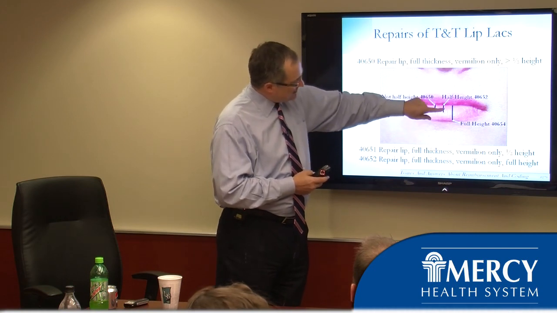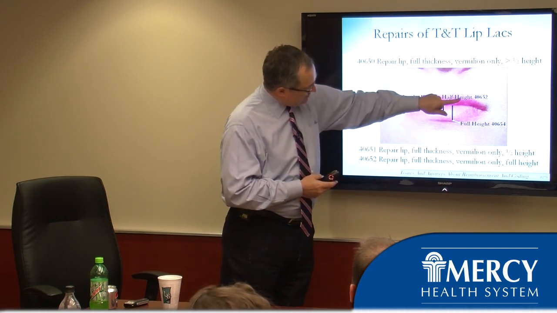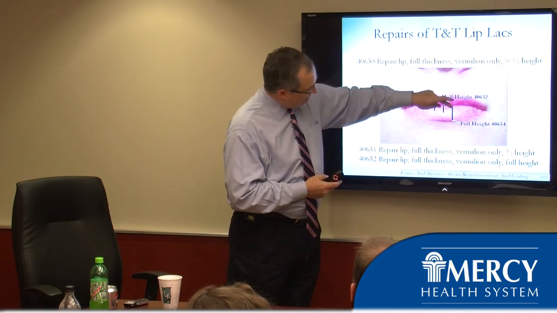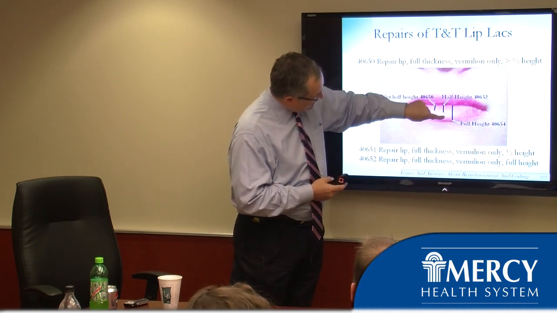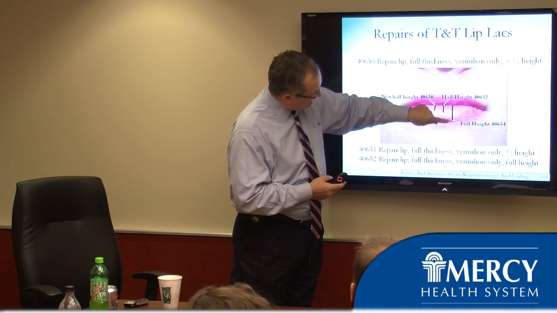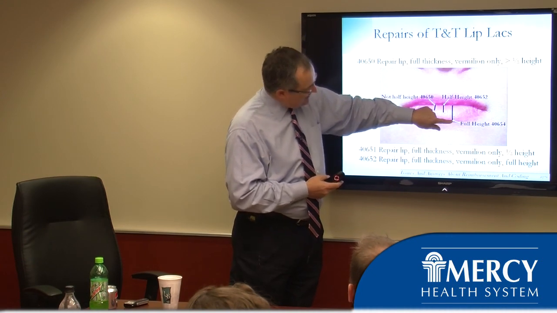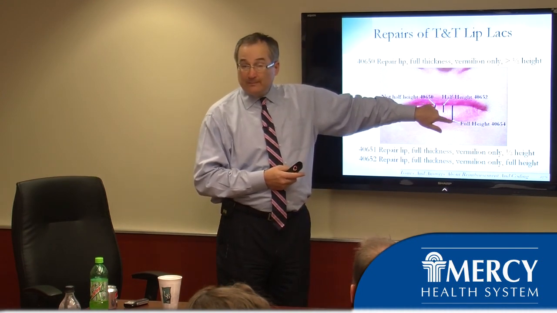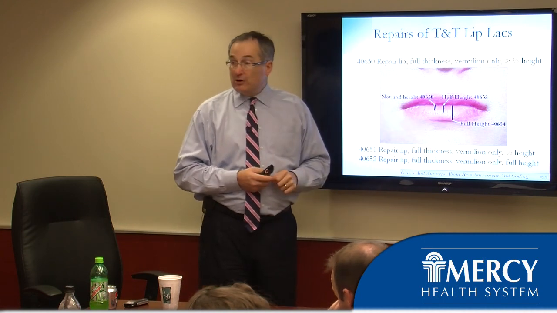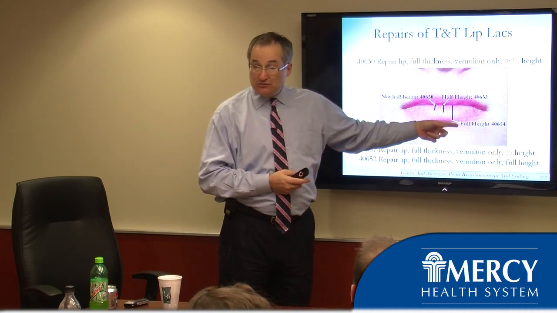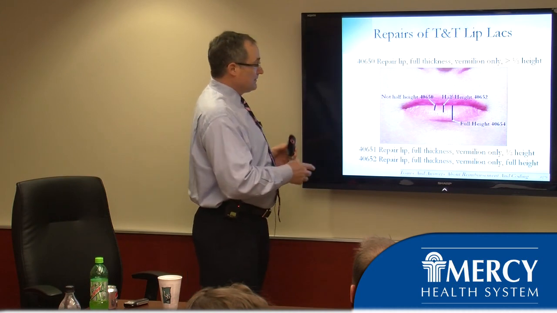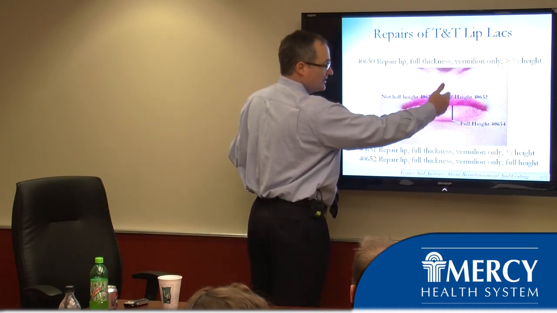If it is half height or thereabouts, about 40654. If it's the full length, so if it goes down to here, that's half height. Here, all the way down to the frenulum, that's full height. Significant RVU differences.